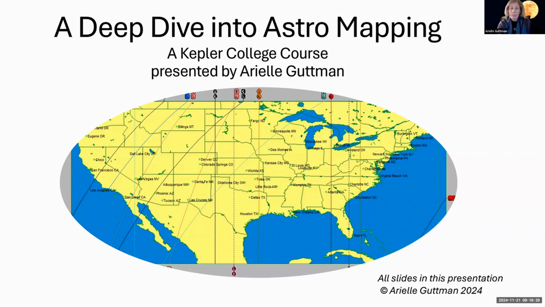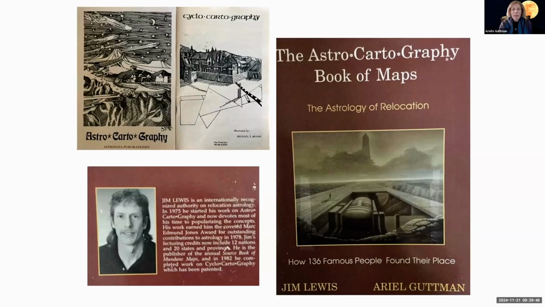And there may or may not be planets in that particular place on their map, but timing is also a part of it. It's not just about place, it's about the time you were born and the place you were born. And so astromapping is really a combination of time and place and being at the right place at the right time.